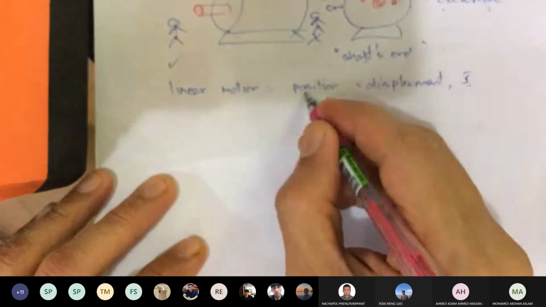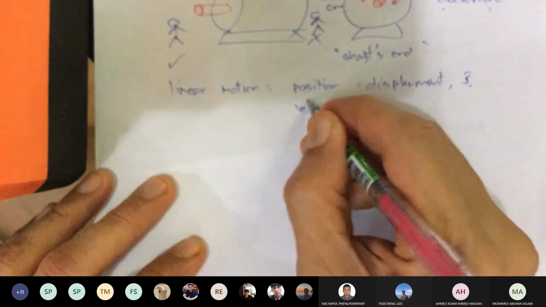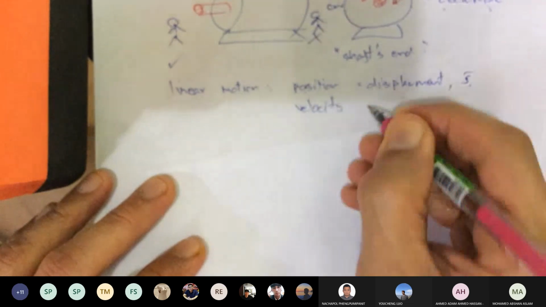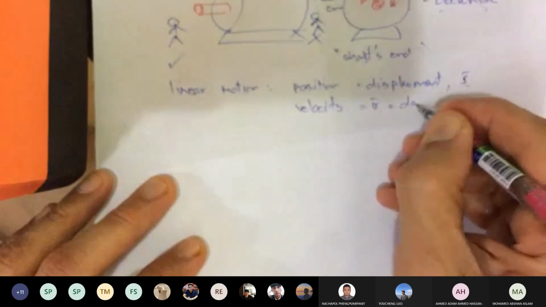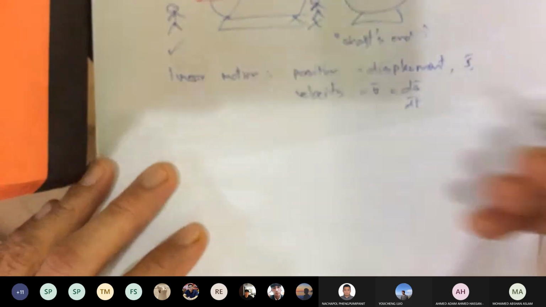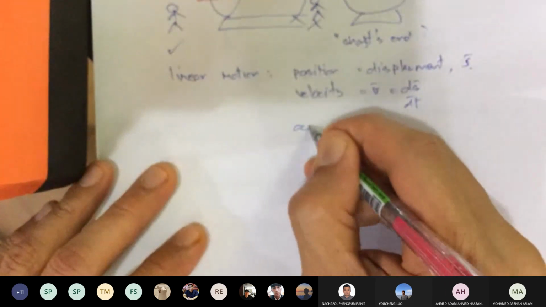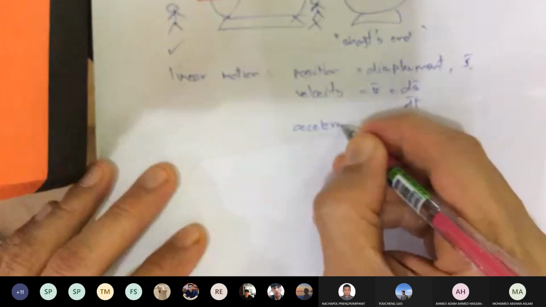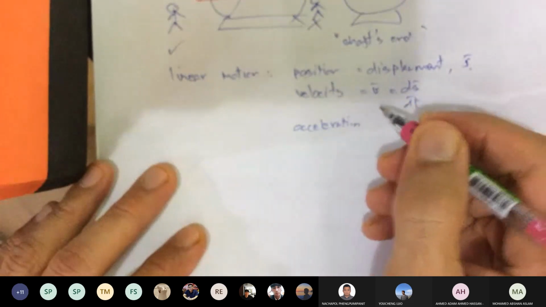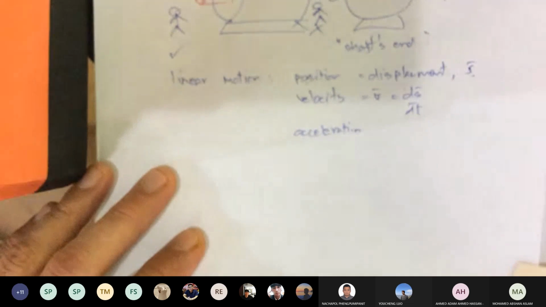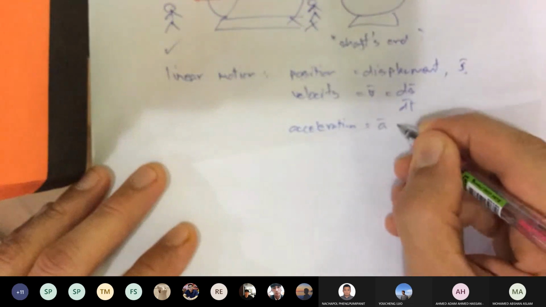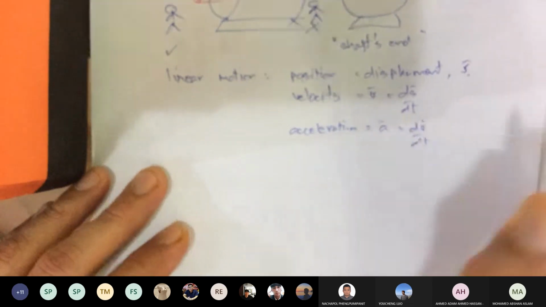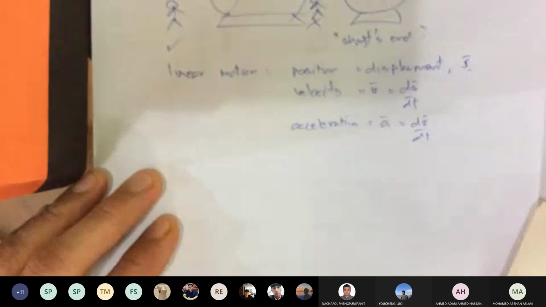Okay, and then the derivative of position is velocity. Vector V, right? ds by dt. And then acceleration, A, dv by dt. So again, these are linear motion.